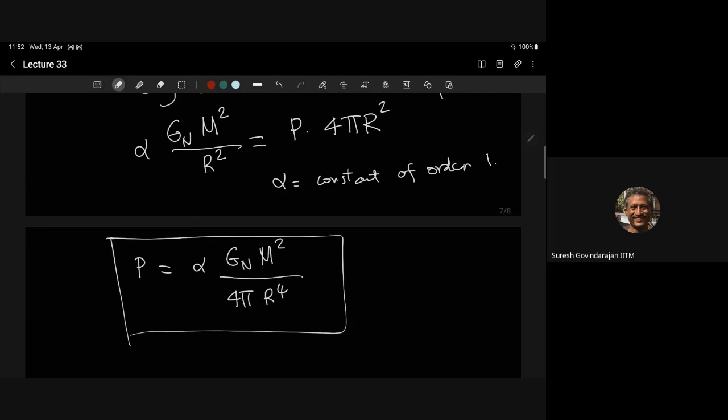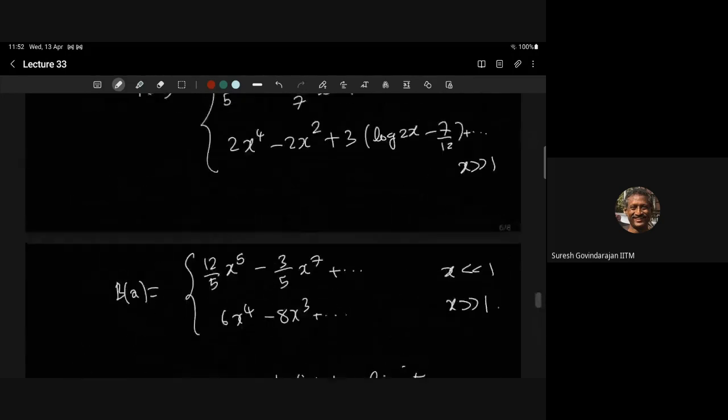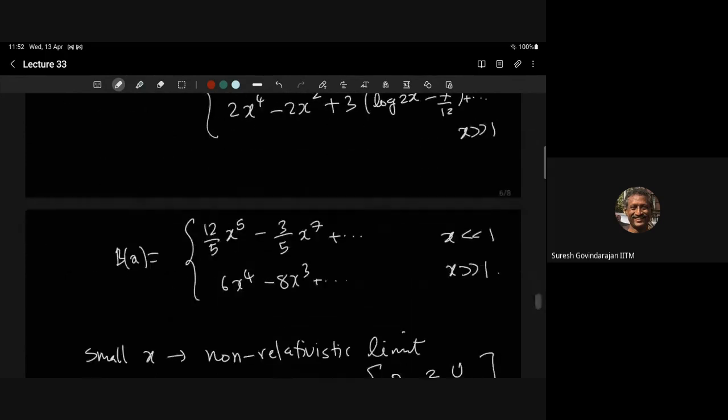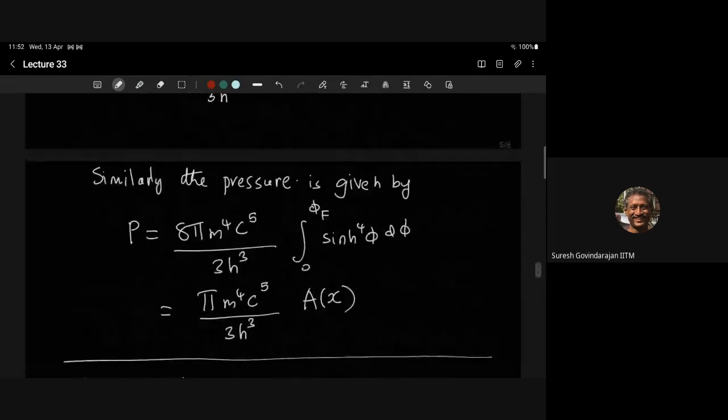Okay, but we already have a formula for P in terms of the number density. Okay, so it is this, right? Where is it? Here. It's just something times A of x. Let's just call this constant k.